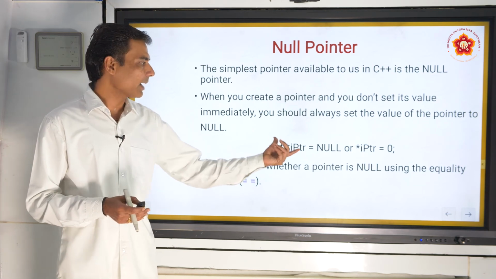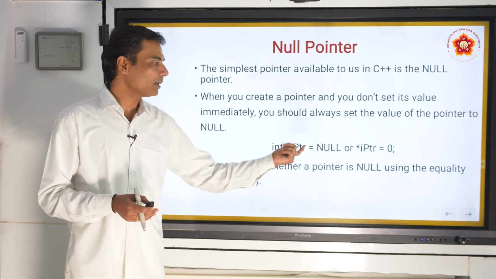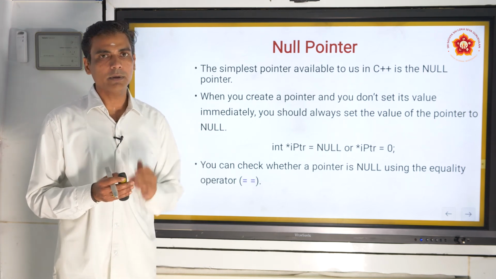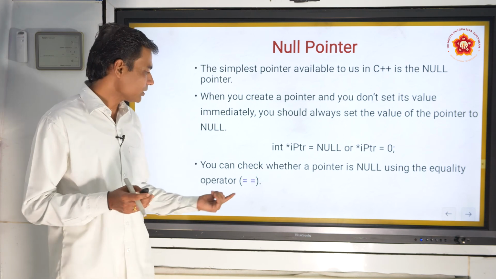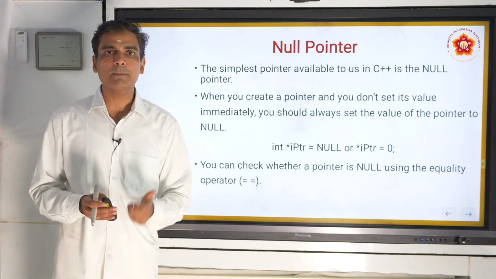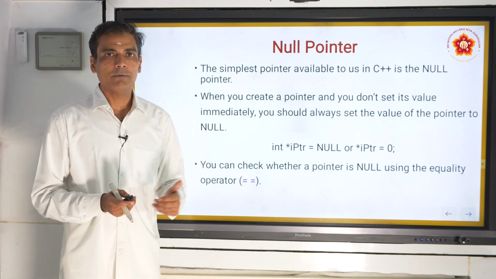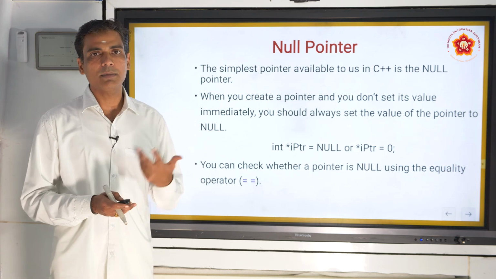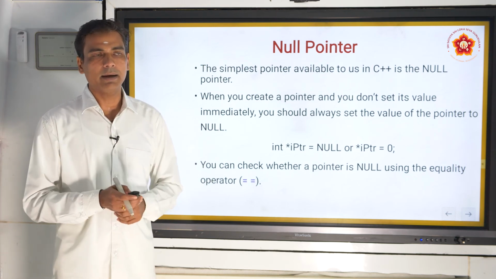So you can understand that this pointer is not pointing to any variable, it is not pointing to any address. And you can check with the equality operator, the comparison operator, whether the pointer is pointing to some memory address or whether it is representing a null value, meaning it is not pointing to any address.